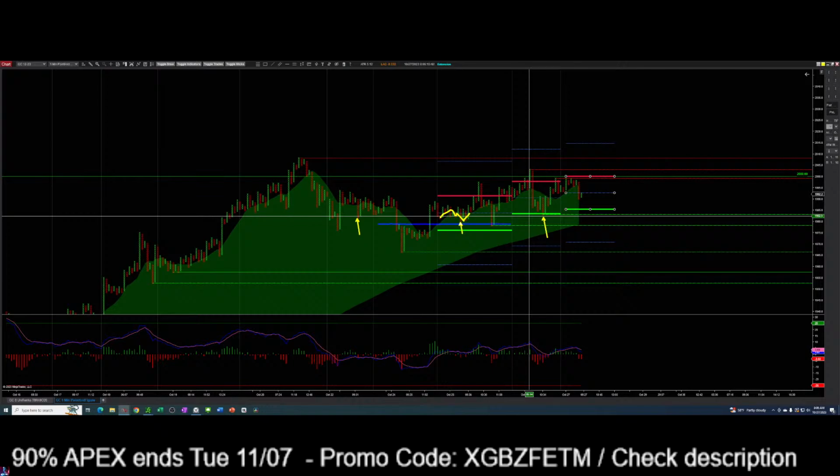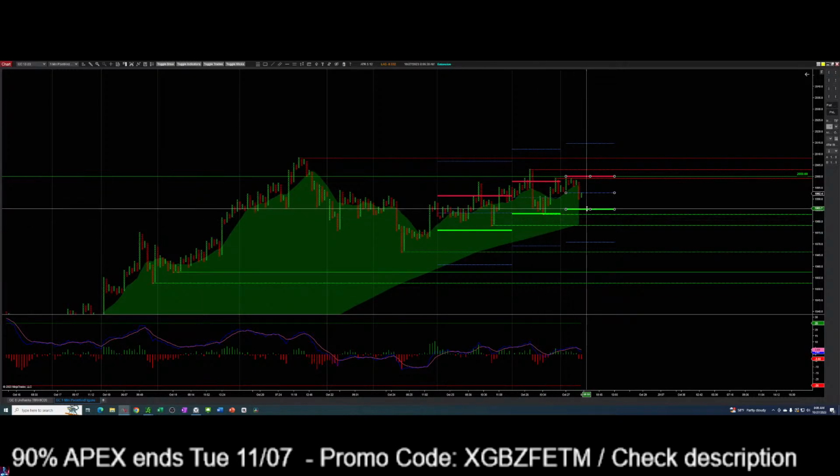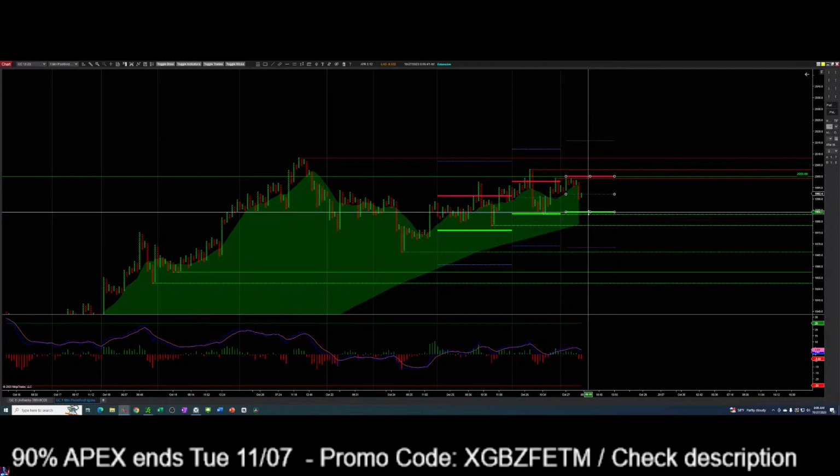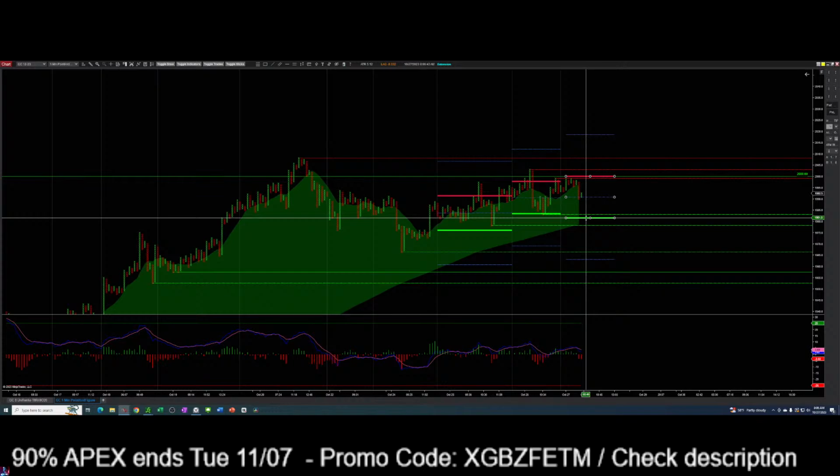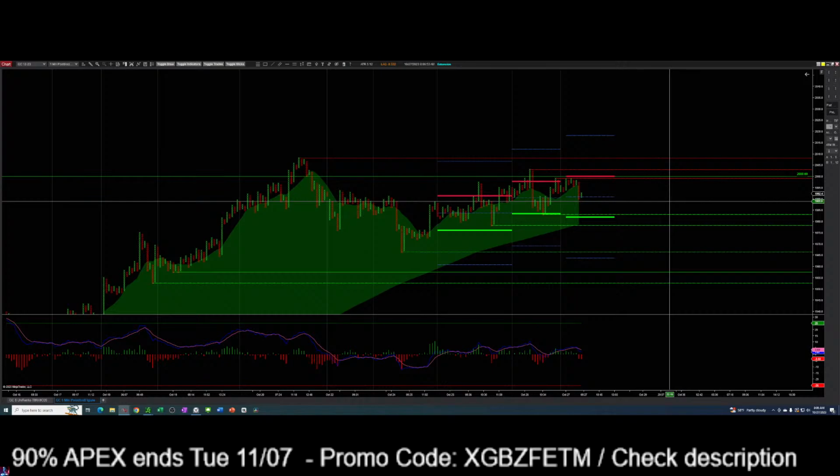So that level is kind of right down here. This could be support as well. I'm going to go with potentially that one. Yeah, I would say that this one would be okay.